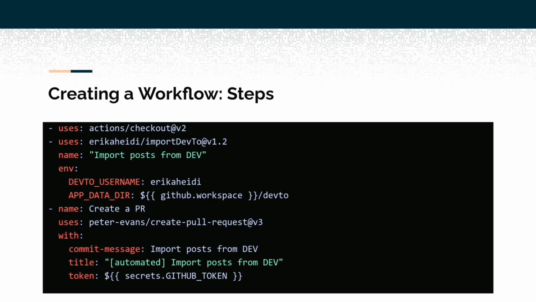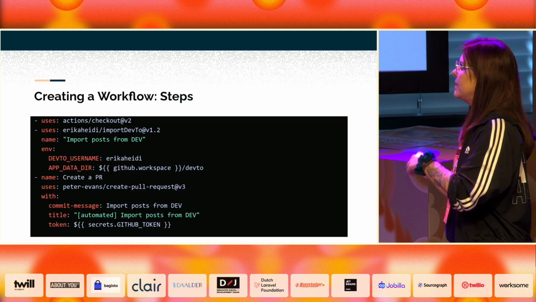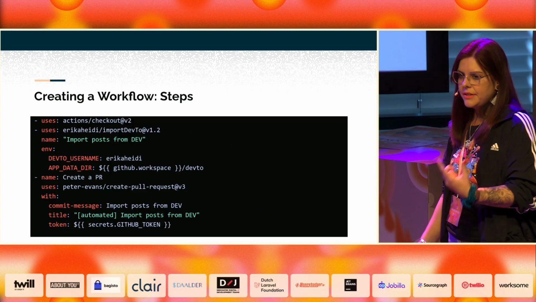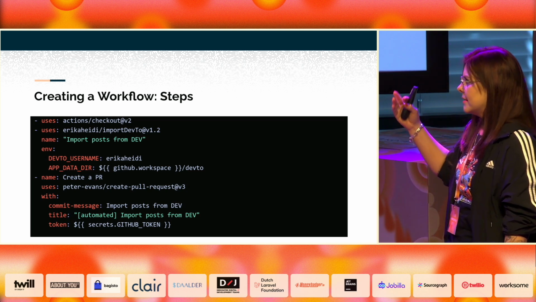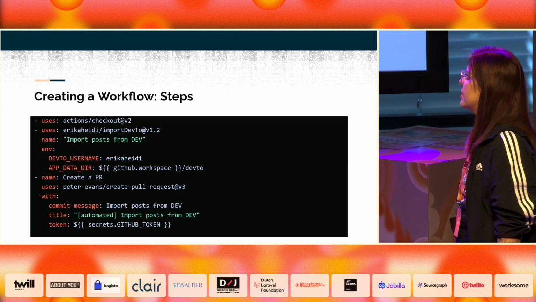Then the second step will use the action that you just created. In my case, it's in my Erika Heidi import dev.to, and then there is the tag info, because whenever you release a change to your action, you have to create a new tag, update your tag, so you can update also the workflows.